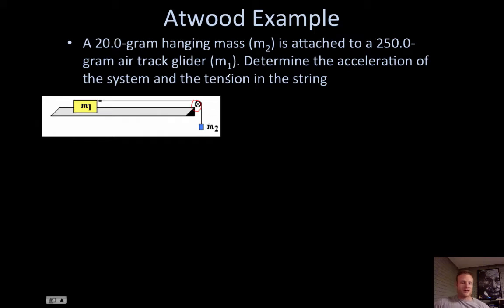All right, so the first thing I'm going to do is start by making a free body diagram of my two blocks. So here is M1. M1 is experiencing first the force of gravity. Now, what's going to balance that force of gravity? Well, that's the air track itself. You can call it the normal force, I suppose, but I'm just going to call it force of air because it's like the air is pushing it up.